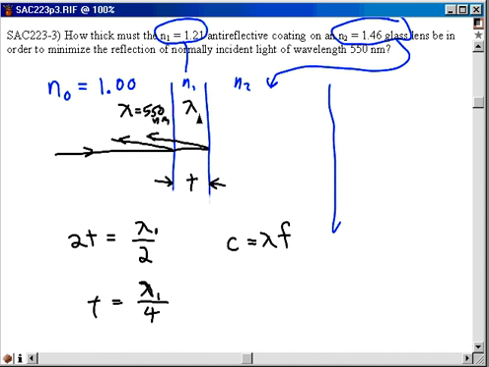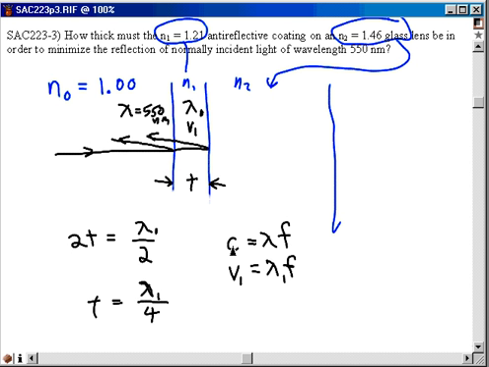I want to call it just lambda 1, the wavelength in medium 1. The velocity in medium 1 I'll call v1. So the wave velocity is equal to lambda 1 times the same frequency. That's the interesting thing, that the frequency of oscillations doesn't change as the light passes through that interface.